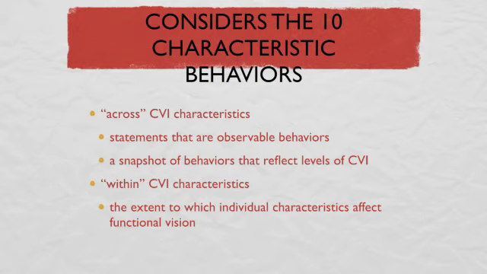So each of the characteristics, color, latency, movement, complexity, and so forth, will be looked at in terms of the extent of the effect of that individual characteristic in isolation. Rating 1, where we look across the behaviors using these behavioral statements, may combine many characteristics even within a single statement. But in Rating 2, we are going to simply become very focused on each characteristic and determine the degree of effect of that characteristic.